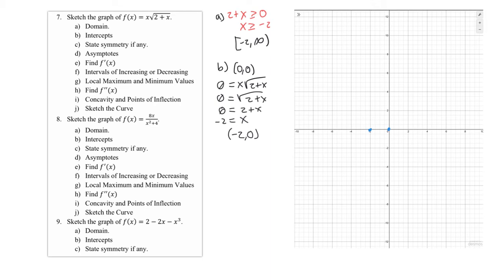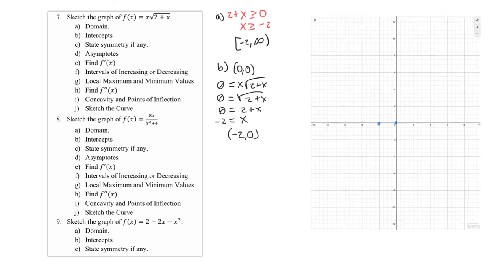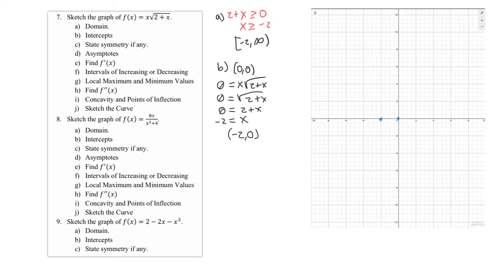Okay, looking at part C, is there any symmetry? Well, there's symmetry if you perform the test to find out, and that test would be a matter of plugging in -x for x. So what happens when we consider f of -x? Well, that would be -x times the square root of 2 plus -x.